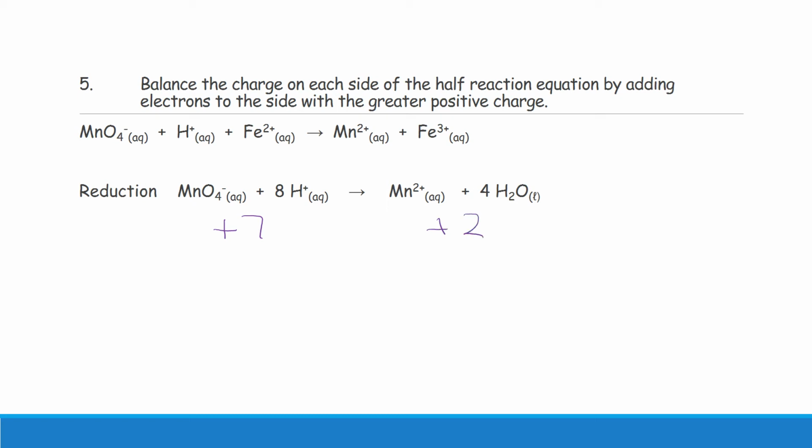We have to add electrons to the most positive side, remembering an electron has a charge of -1. So this tells me I need to add 5 electrons to the reactant side, so 5 lots of -1. 7 plus 5 lots of -1 comes out to +2, and we have balance for charge.